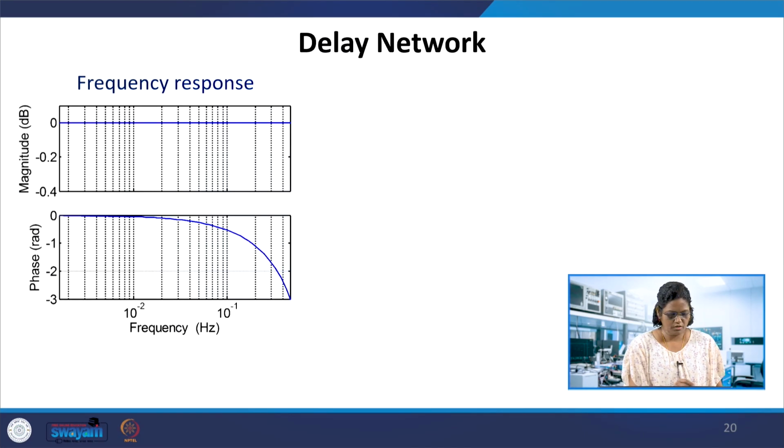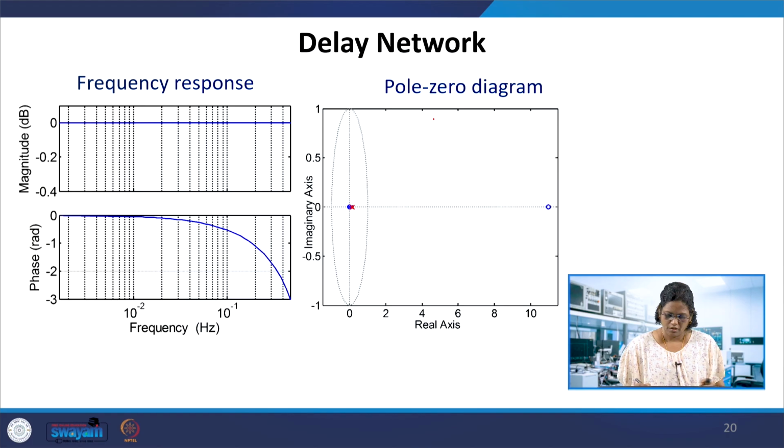Next, the frequency response and the pole-zero diagram. We can see that there is a pole and a zero from the transfer function, and the zero lies outside the unit circle. Also we have the magnitude response. This passes all the frequencies as such, at 0 dB, and the frequency range depends on what fs is.